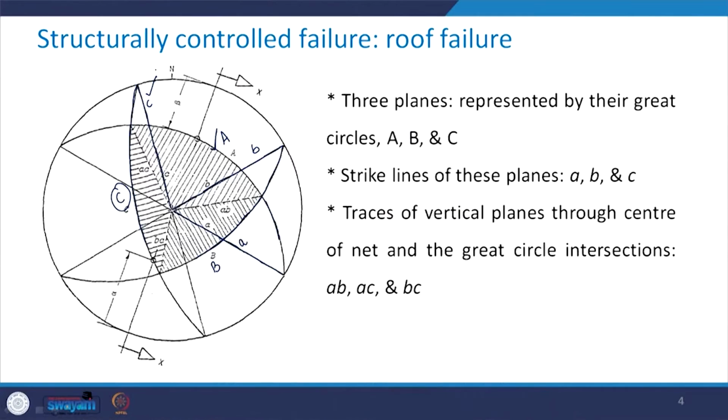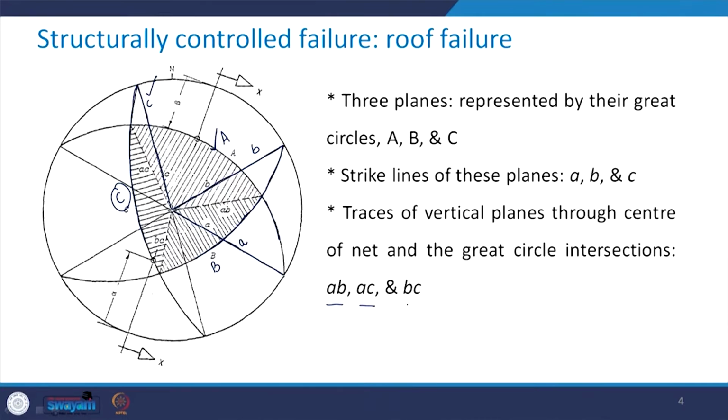Now, the traces of vertical planes through the center of the net and the great circle intersections are represented by AB, AC and BC. How? Look here, this is the great circle A, this is the great circle B, wherever it intersects, that is this point, we join it with the center and this we are calling AB.